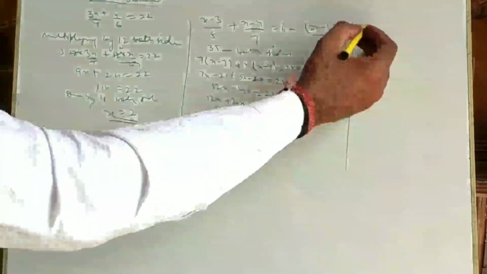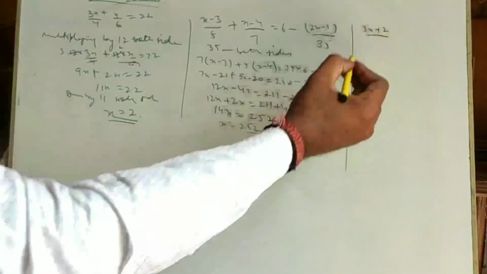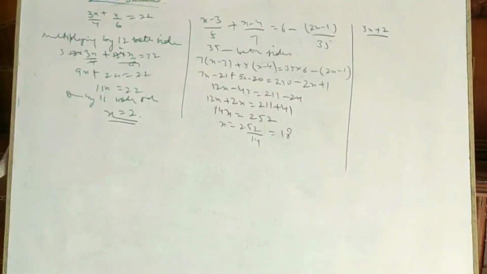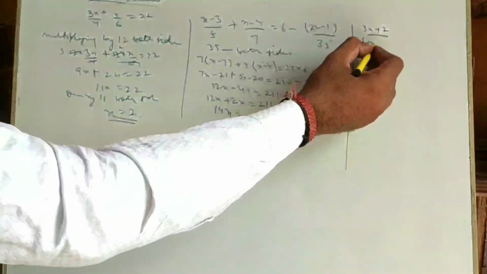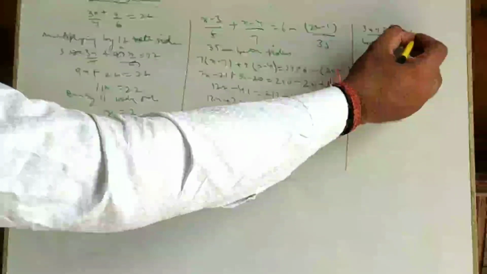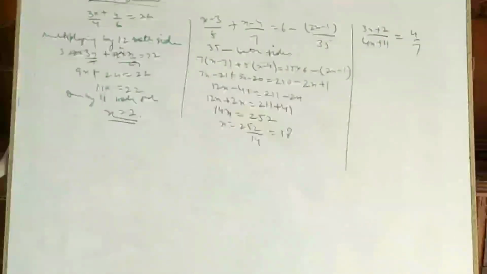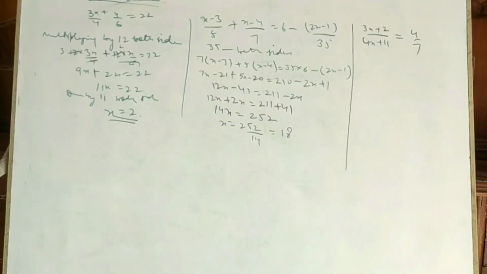Next we have (3x + 2) divided by (4x + 11) is equal to 4 by 7. Whenever we have this type of thing, we can use cross multiplication.